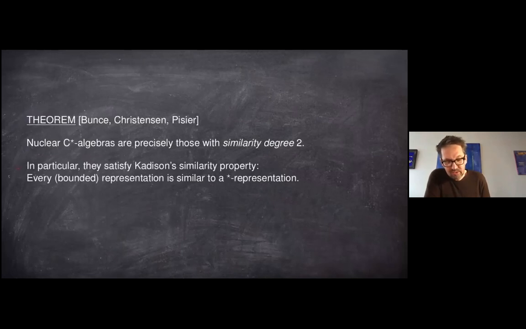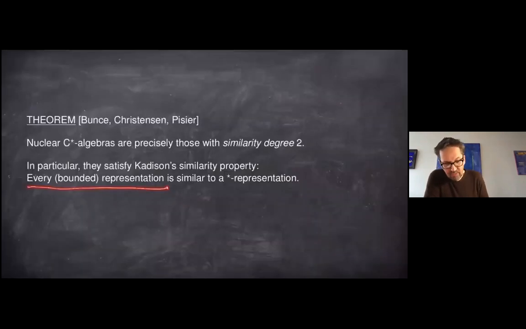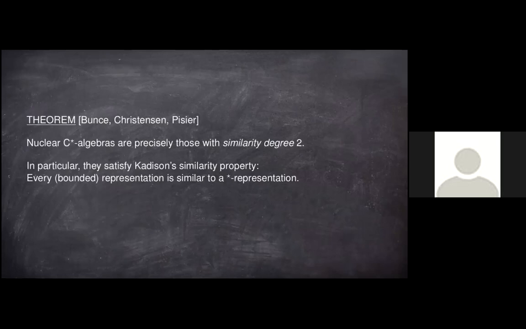So nuclear C-star algebras satisfy Kadison's similarity property, and this means whenever you have a bounded representation, which is not necessarily a star representation, on some Hilbert space, then this is similar to a star representation. And similar means there's an invertible operator T such that T inverse times the representation times T is then a star representation. Nuclear C-star algebras satisfy this property, and it's highly non-trivial.